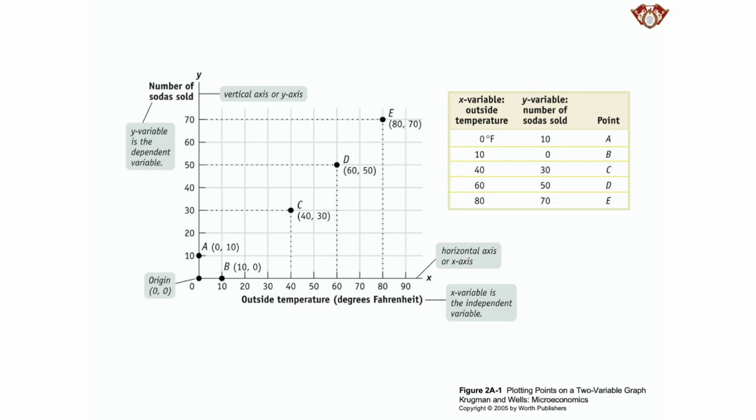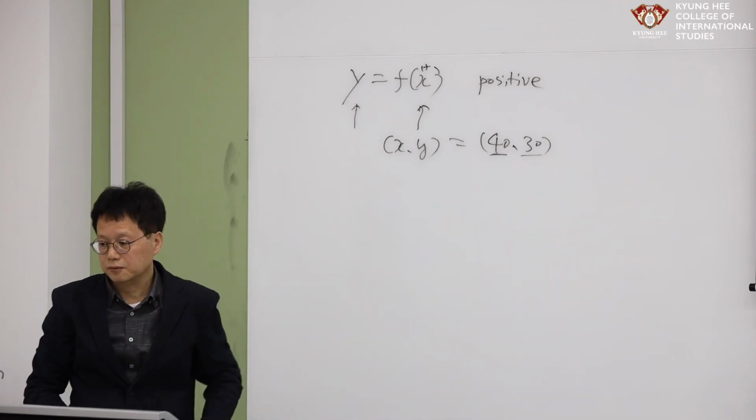For example, at X value outside temperature 40 degrees, demand for ice americano is 30 units. At point C in the earlier graph.